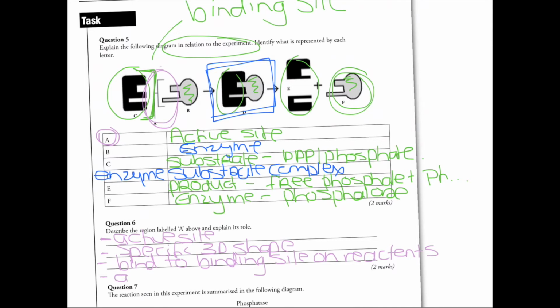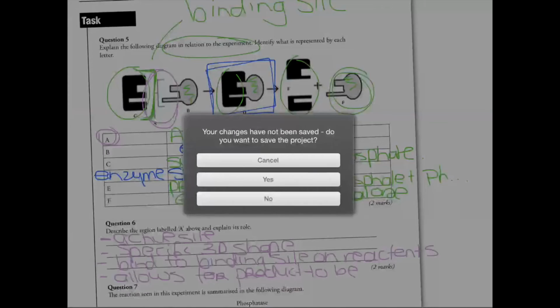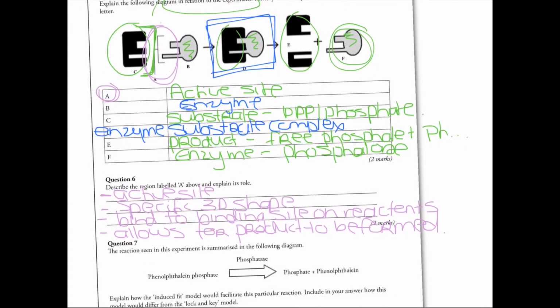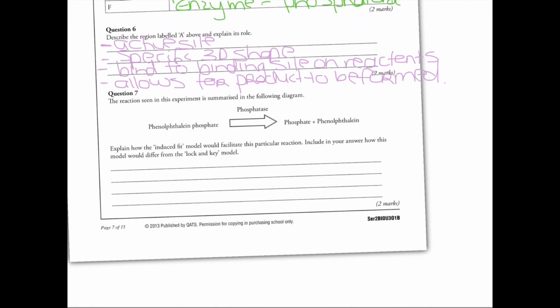And if you really want to, allows for product to be formed. Okay, so just like in question 4, it's pretty much exactly the same thing. We're talking about its structure, we're talking about its function, we're talking about the active site, we're talking about shape, we're talking about the binding site, we're talking about reactants, and we're talking about product. Okay, so really main concept that you need to get your head around and you need to talk about.